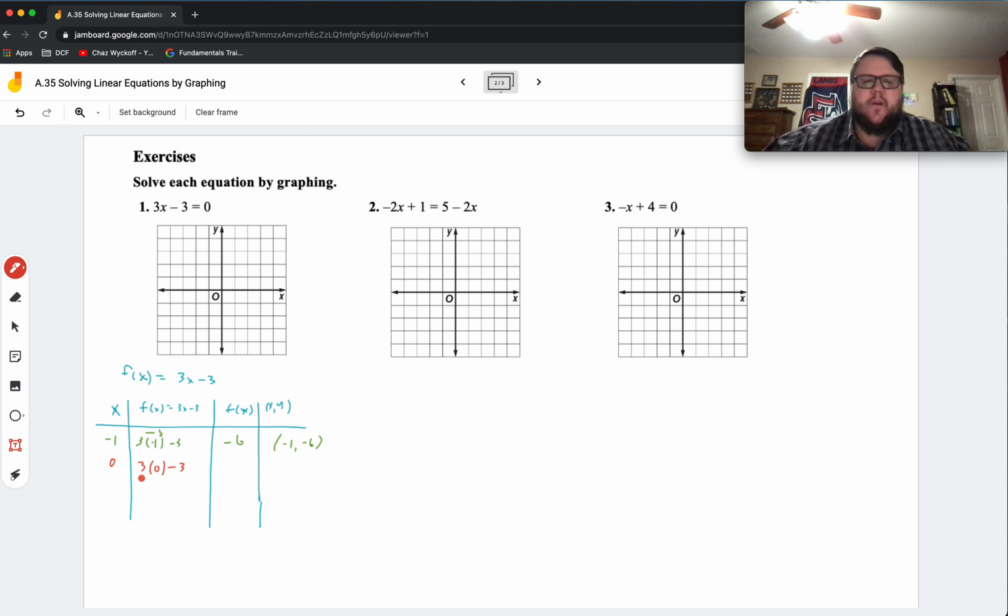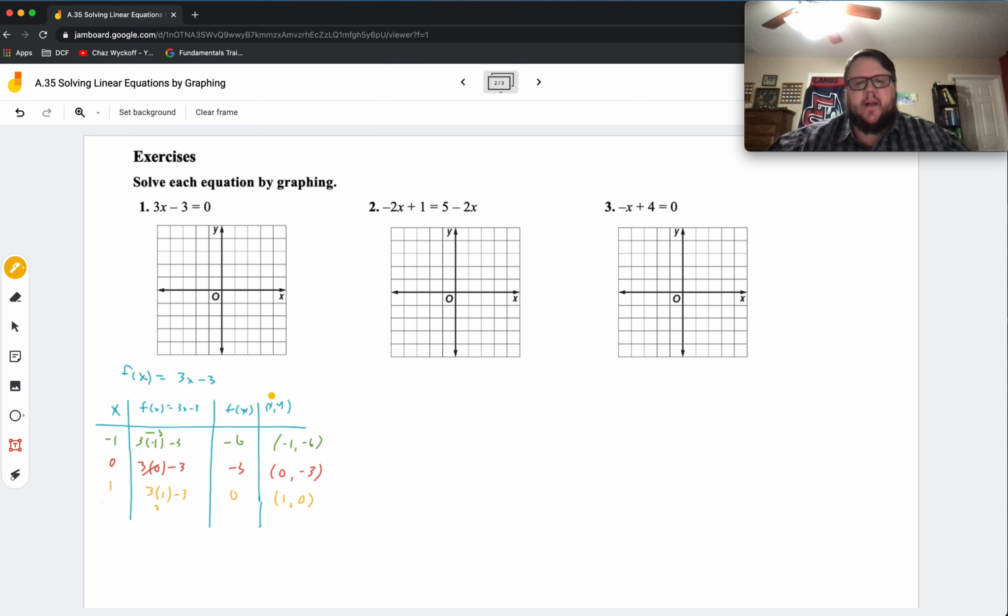Well, 3 times 0 is 0. 0 minus 3 is negative 3. So my point is 0 comma negative 3. And then we'll do one more here. We'll go 1. 3 times 1 minus 3. 3 times 1 is 3. 3 minus 3 is 0. X was 1, y is 0.